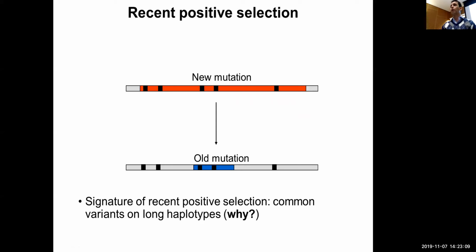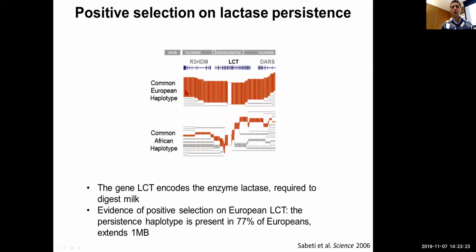And things don't rise to high frequency very fast with just drift. So there must be something pushing it to high frequency. Sounds good? So I can look at the frequency of different alleles, the frequency of different haplotypes, and then how long they are. And discrepancies between having a very long haplotype and having a high frequency suggest evidence for selection.